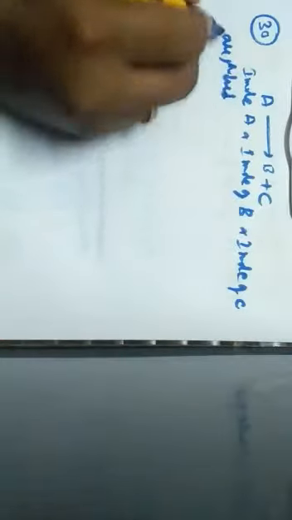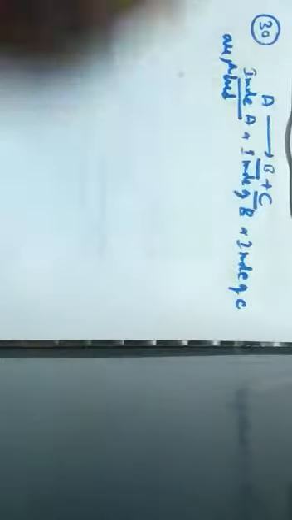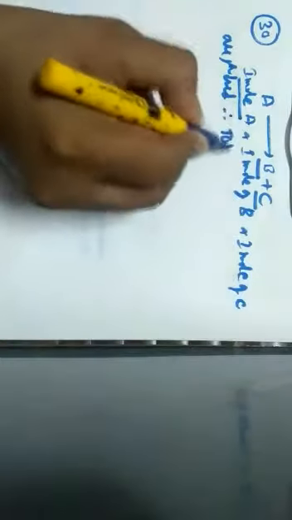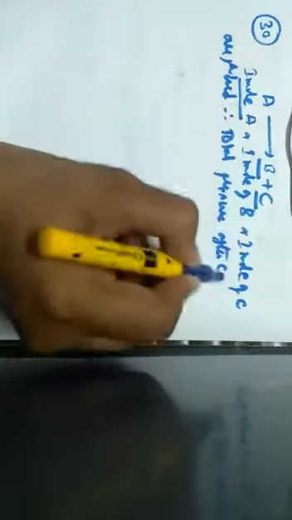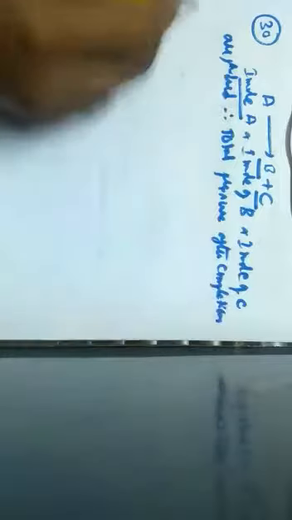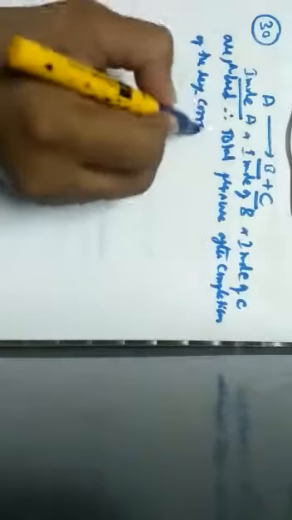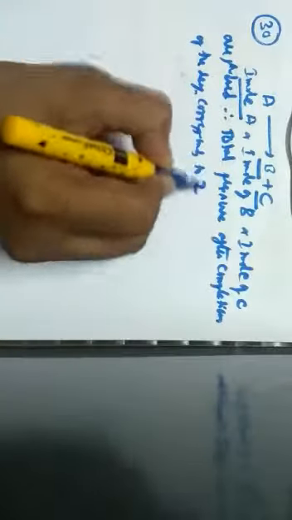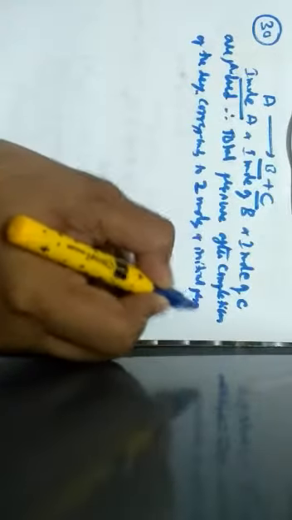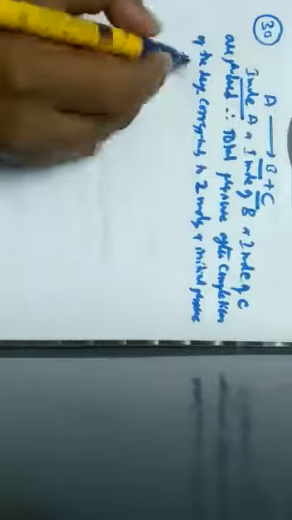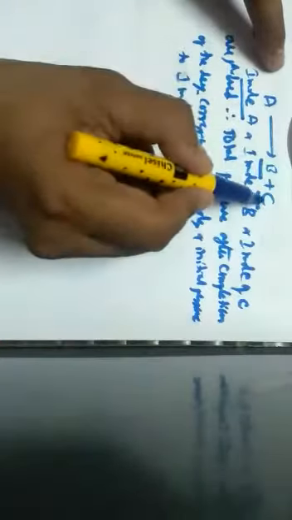So the meaning is, by the decomposition of 1 mole of A, we are getting 1 mole of B and 1 mole of C. Therefore, the total pressure after completion of the reaction corresponds to 2 moles and the initial pressure to 1 mole, because A is 1 mole, that has given rise to B of 1 mole and C of 1 mole.